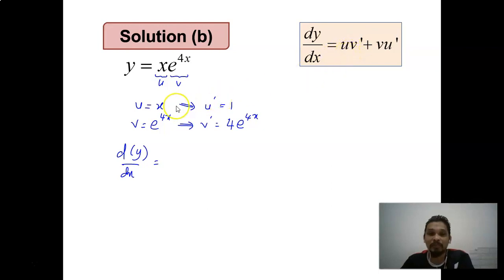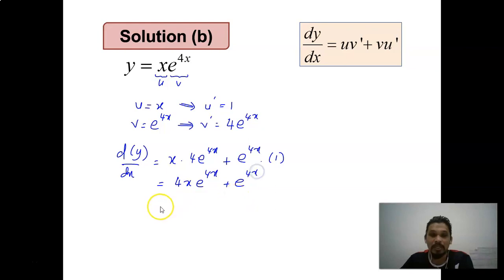u v prime: u equals x, and v prime equals 4e to the power of 4x, plus v u prime, where v equals e to the power of 4x and u prime equals 1. Okay, so simplify all this in here: 4x e to the power of 4x plus e to the power of 4x.